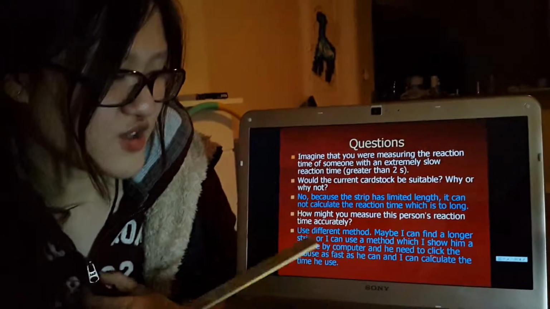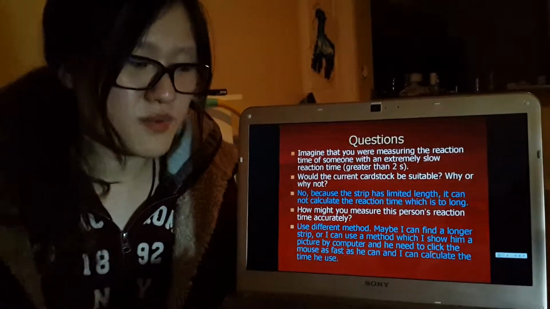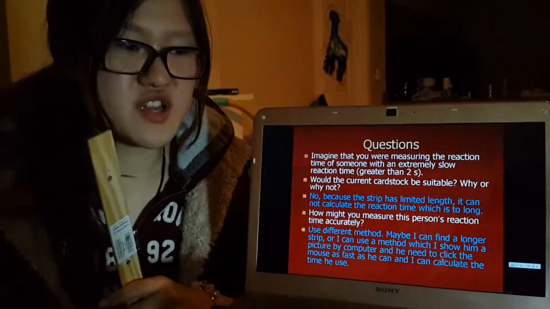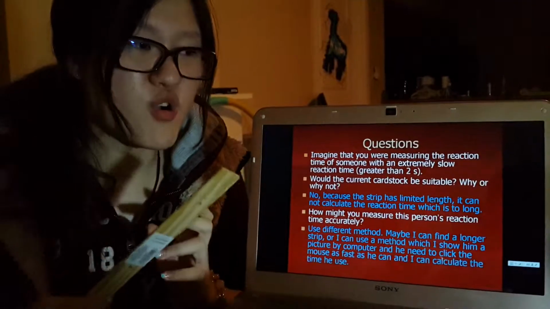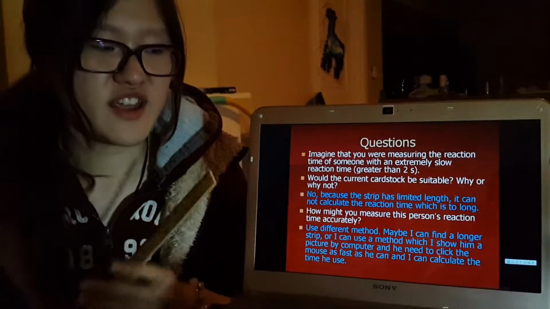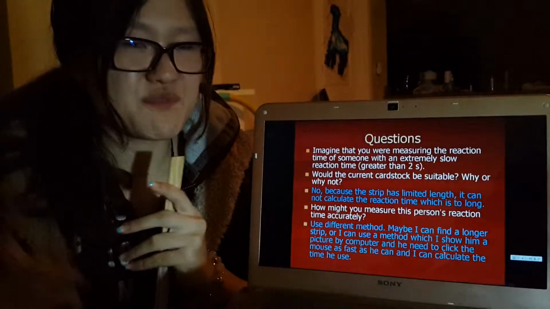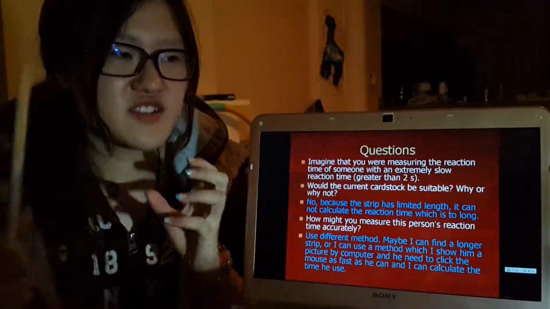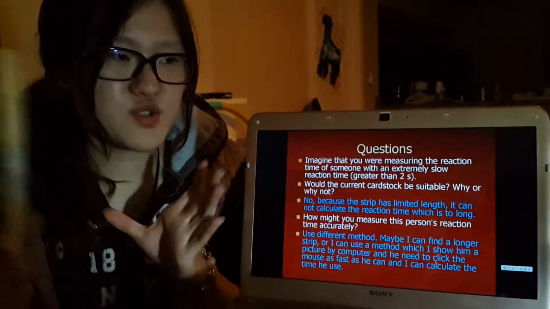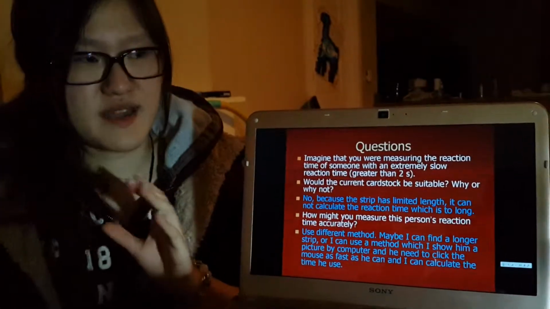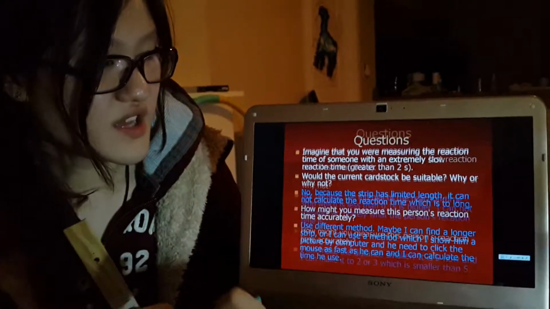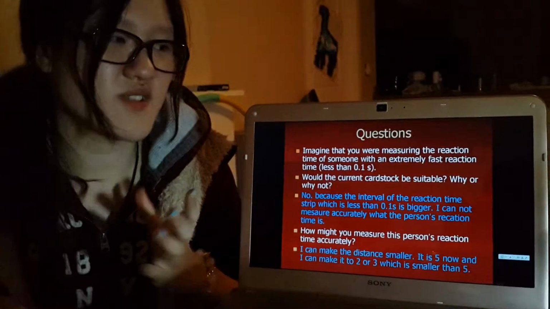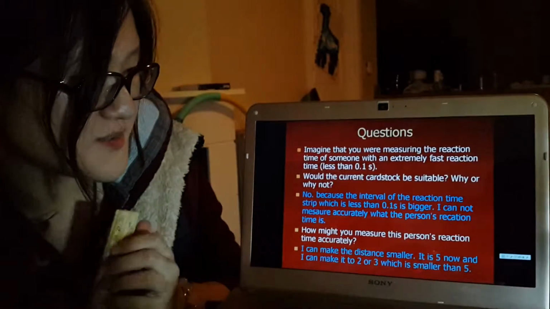The method I can use is to find a longer strip, or use another method, where I show him a picture on the computer, he has to click the mouse, and I calculate the time he used to click the mouse. That's another method.